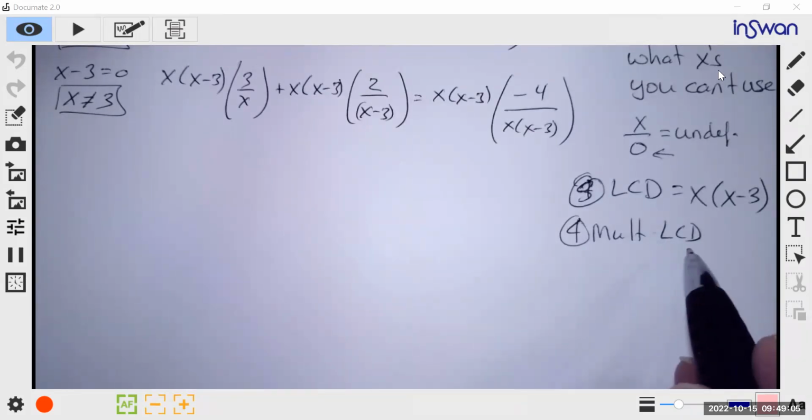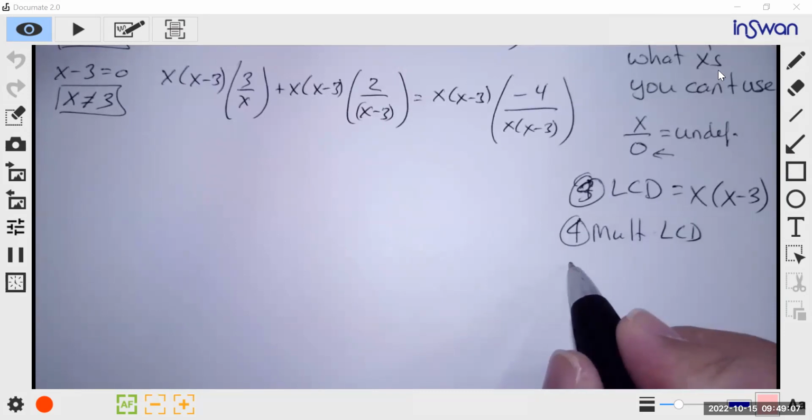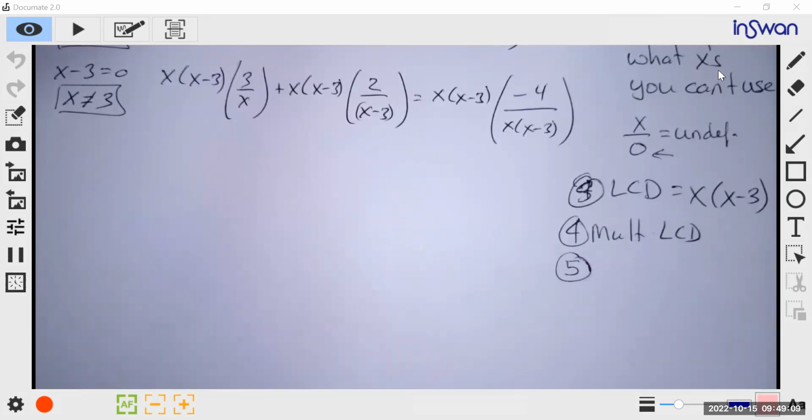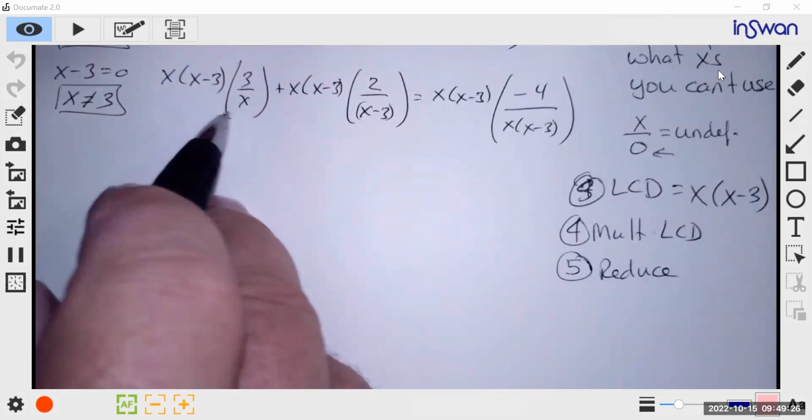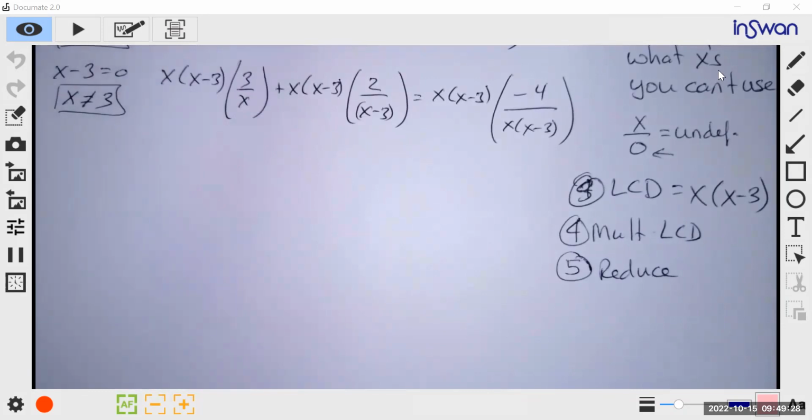All right, so once I multiply LCD, what do I do next? Reduce. Whenever you multiply fraction or anything to a fraction, before you multiply them, always cancel first, reduce first.